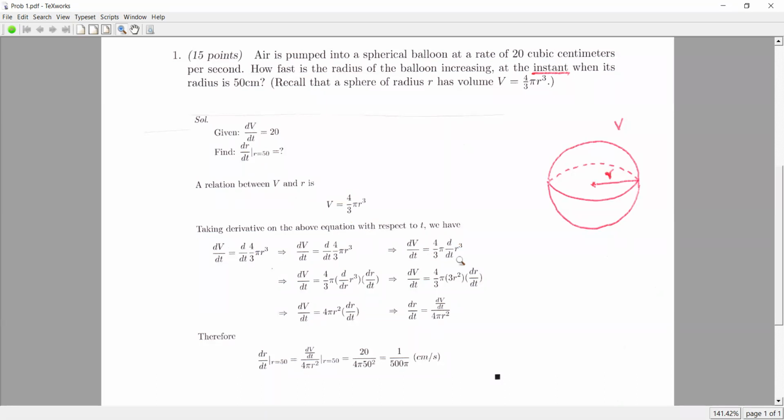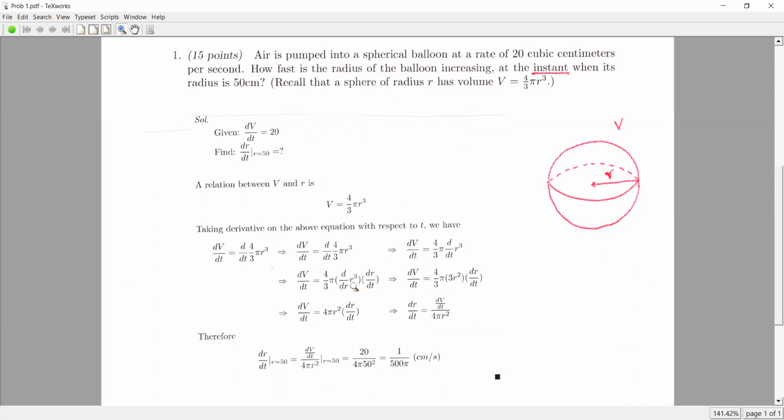Apply the chain rule to this derivative. Write this derivative into the product of these two derivatives. If you cancel dR, then the product is this derivative. This step is the chain rule.